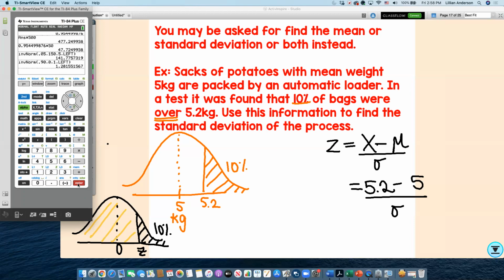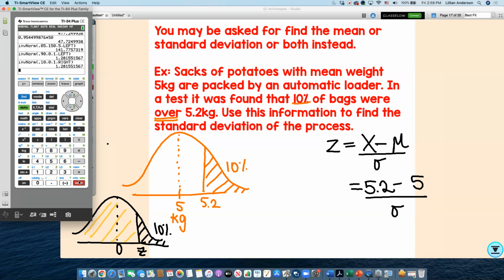For those whose calculators are like mine, when I go to inverse norm, I can type in 10%. I'll have a mean of 0, a standard deviation of 1. I just had to tell my calculator that this is the right tail, because that's actually where the shaded region was for us. And I get the same value.